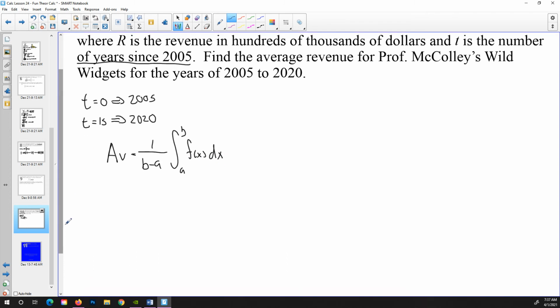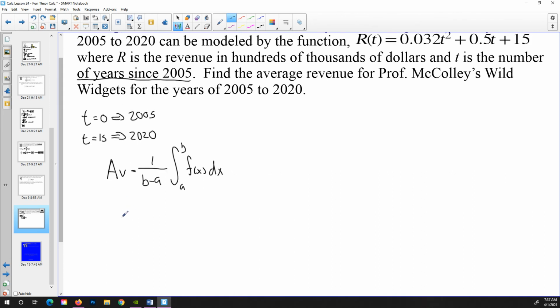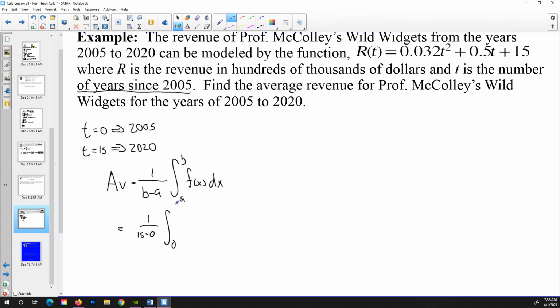And so in this particular instance, our interval is going to be 15 to 0, or 0 to 15, I suppose. And our function will be this 0.032t squared plus 0.5t plus 15 dt.